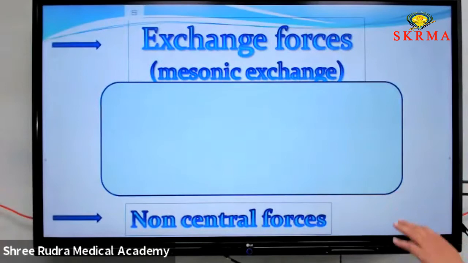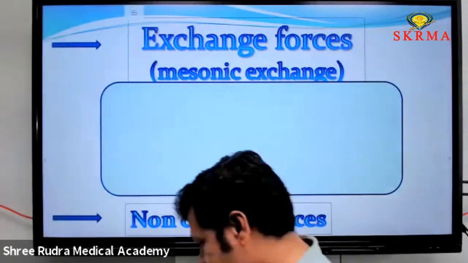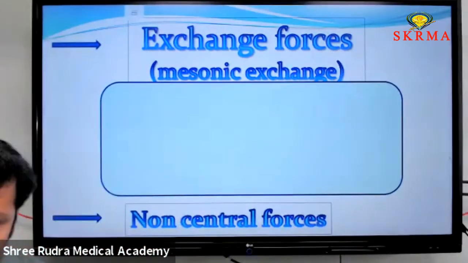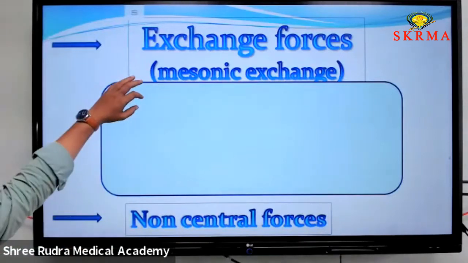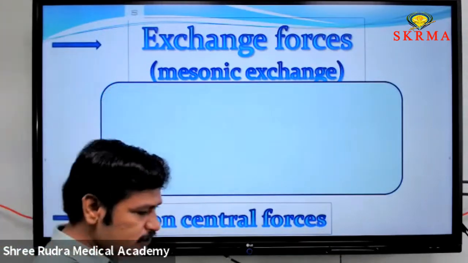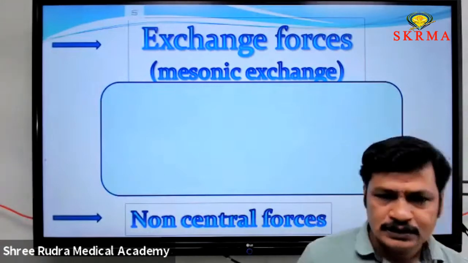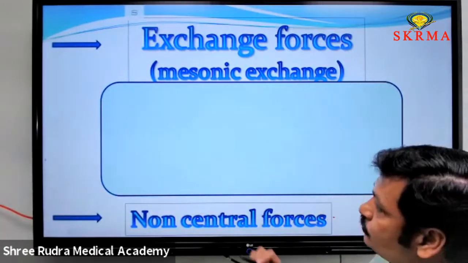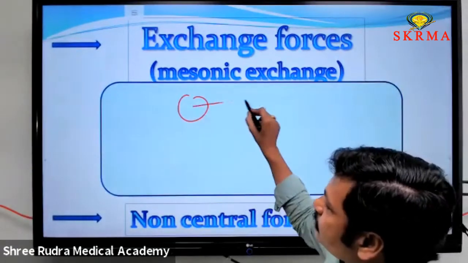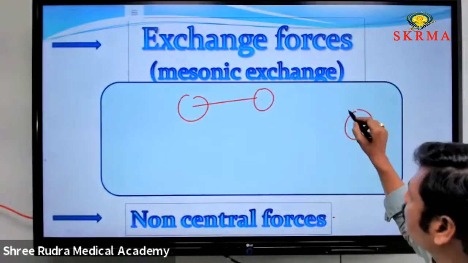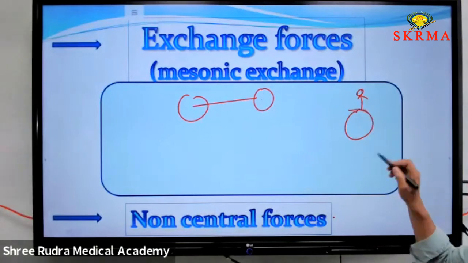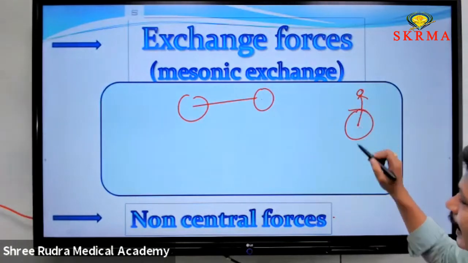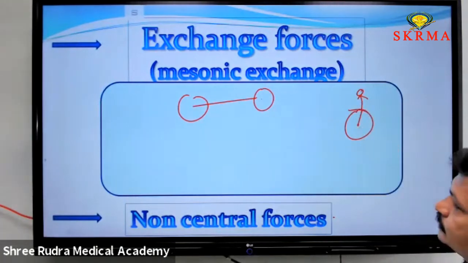The next property is exchange forces. I have already discussed what exchange forces are. These are exchange forces, meaning the pi mesons are created inside the nucleus, and those are non-central also. If you take gravity, the gravity acts center to center. If a person is standing on the sphere of Earth, the gravitational force acts towards the center of Earth only.